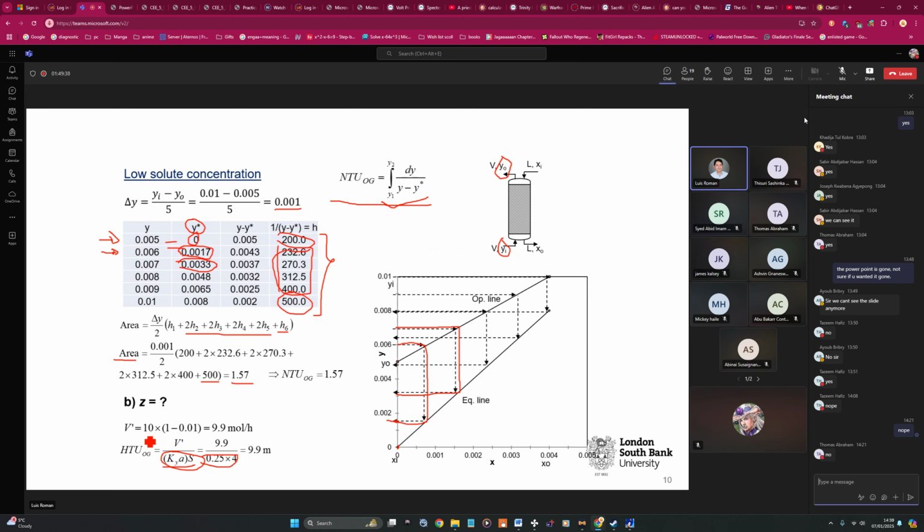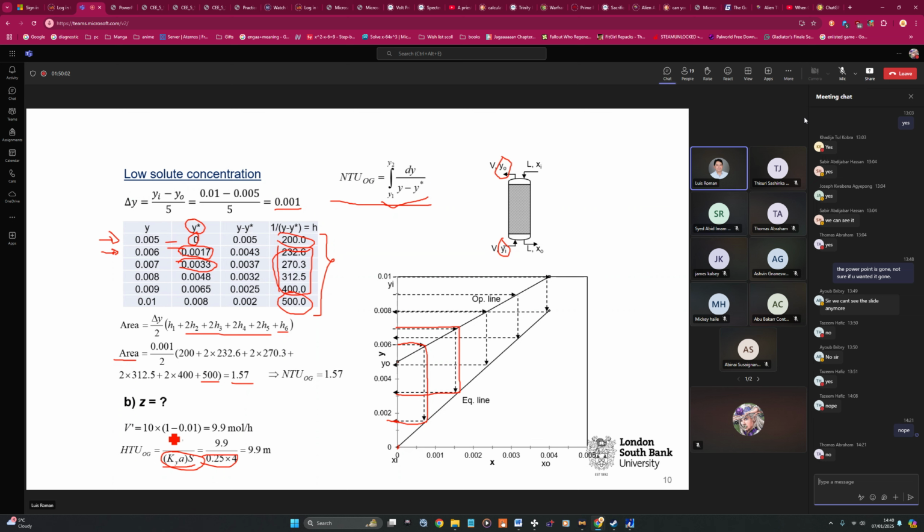We have the flow rate with the solid, so if we multiply that flow rate times the subtraction of the composition that you have at the entrance, then you can calculate the solid free flow rate.